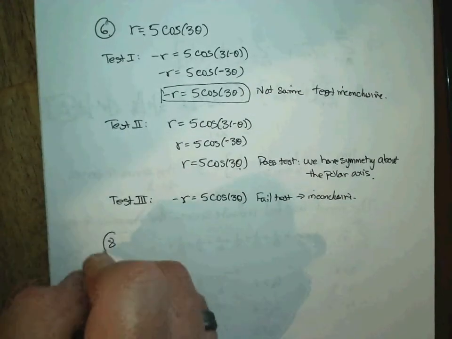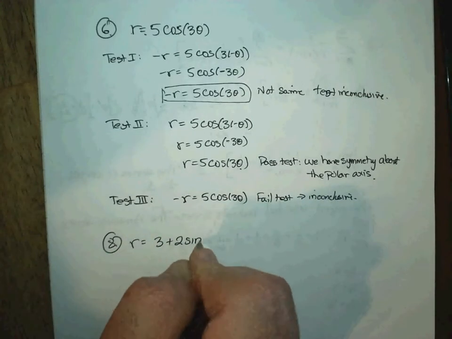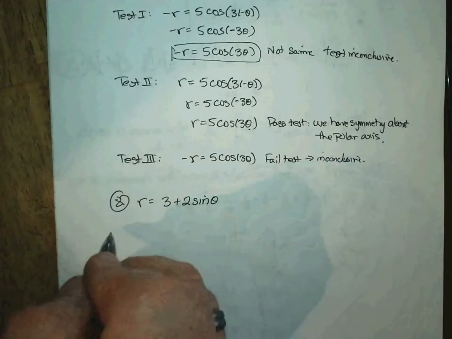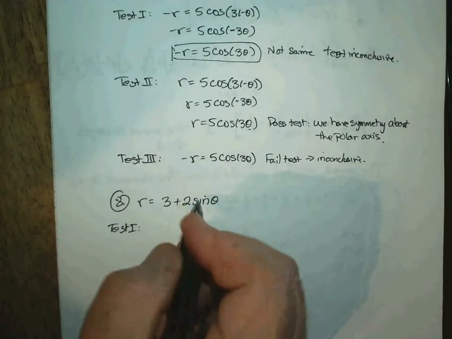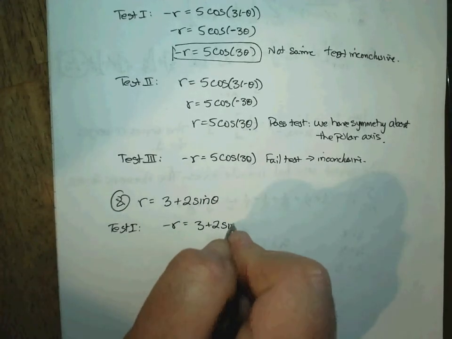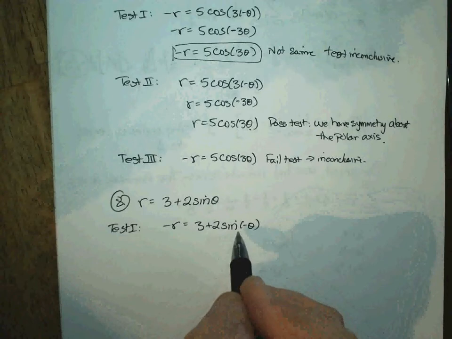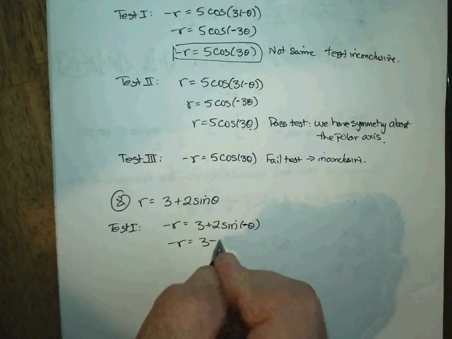Okay? All right, let's take a look at problem number 8, where r is given as 3 plus 2 sine theta. Test 1. You're going to replace both the r and the theta. Now, the sine function spits out its negative.